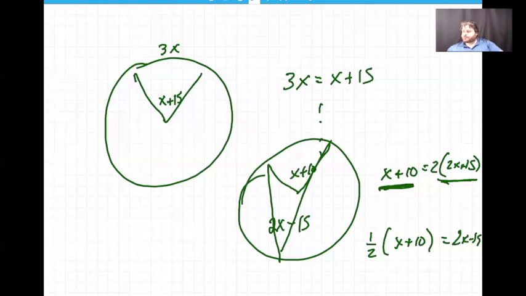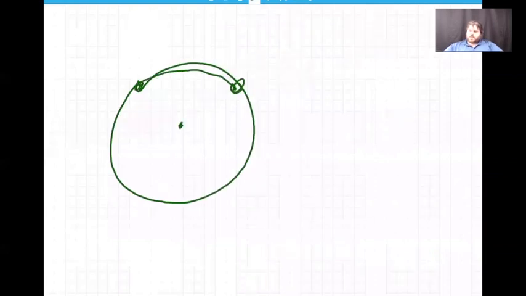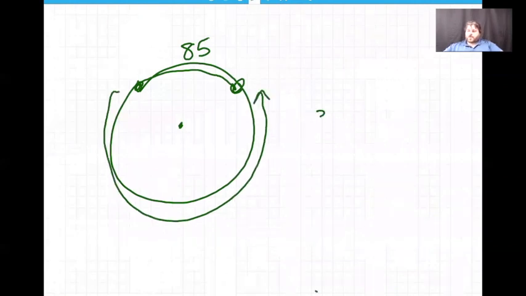Also, with knowing the sum of the arc measures, you could be given something like this. You could say this is 85, find the measure around here. Well, you just do 360 minus 85, okay? Because the total should be 360, you've already used up 85, so you take that away, it gives you the remainder.